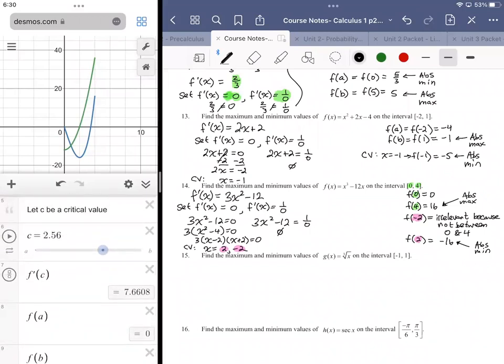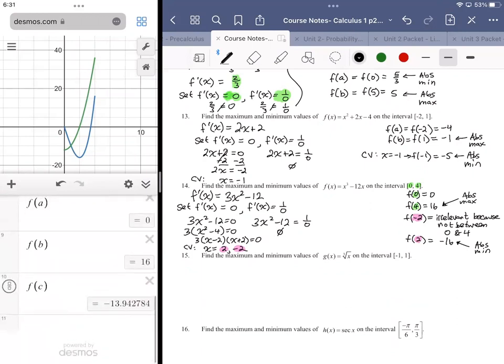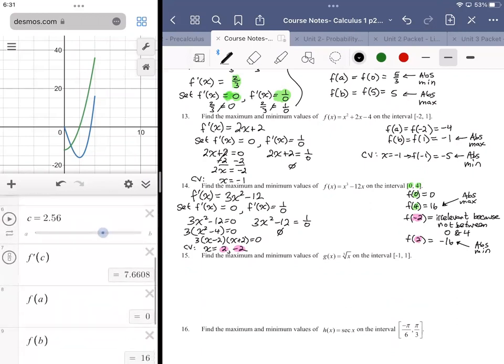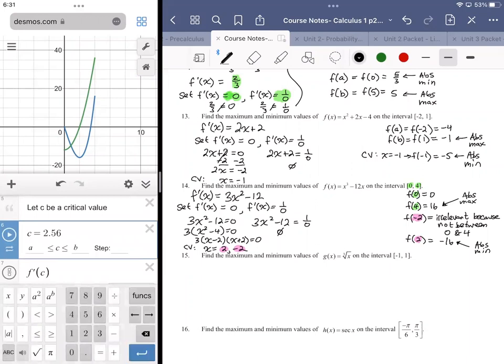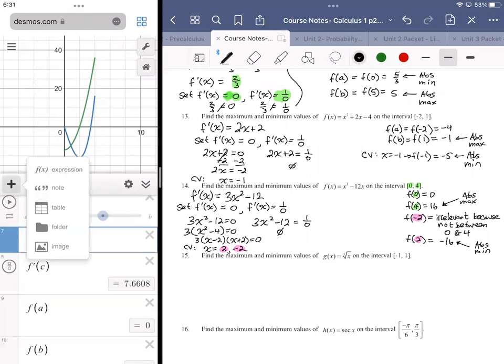So it depends on how you use it, but you would be looking for f of c to be equal to 0 or 1 over 0, or f prime of c to be equal to 0 or 1 over 0.